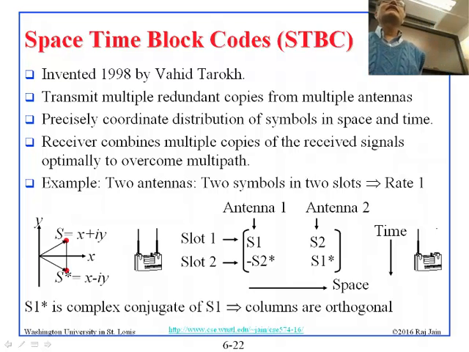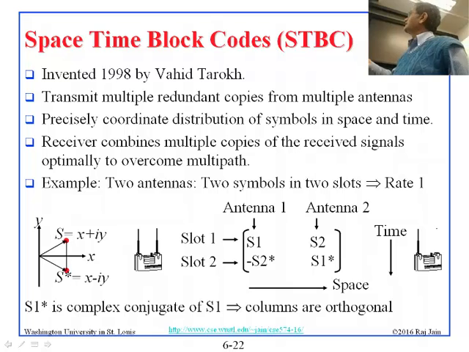Our rate has not gone up. If we had 1 antenna, I would have sent S1 in the first slot and S2 in the second slot. But now you have made the code stronger. Antenna is space, and the vertical axis is time. If you do this kind of coding, this is called space-time block code.